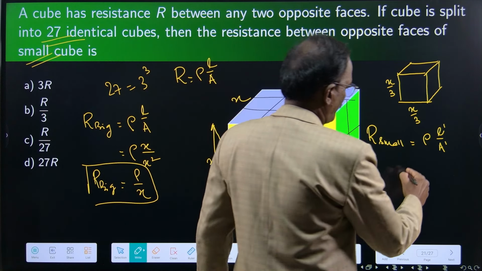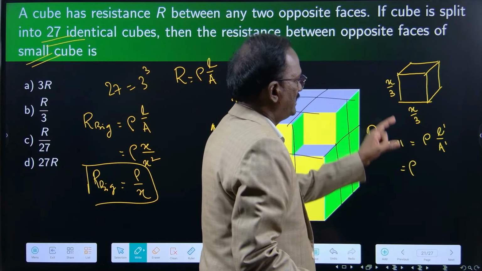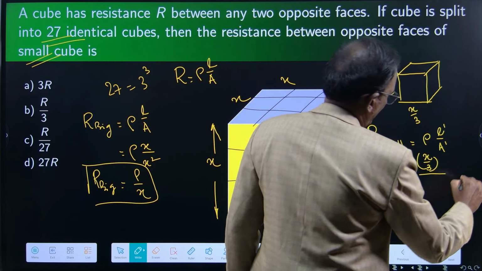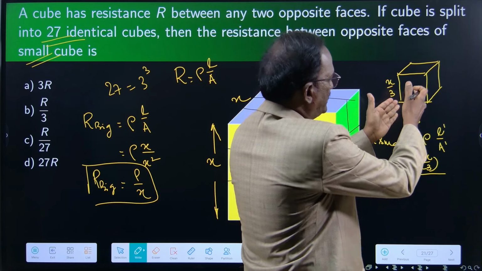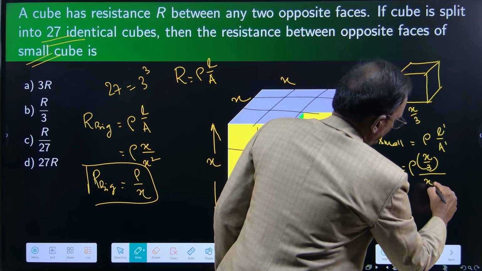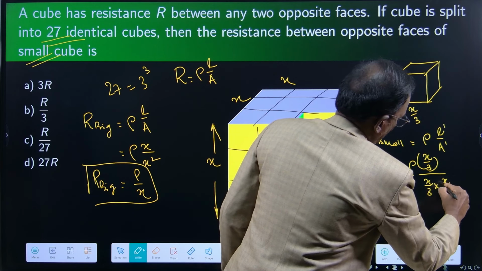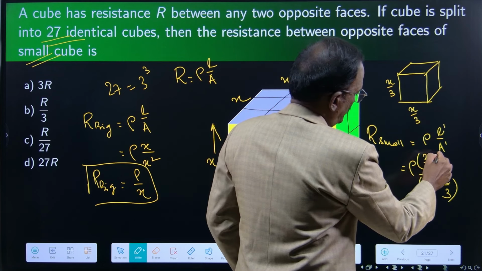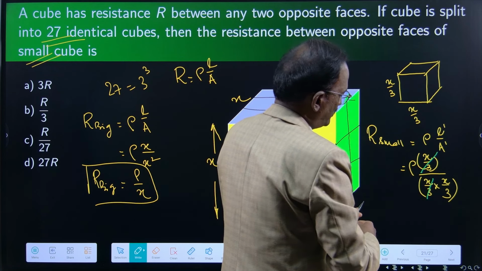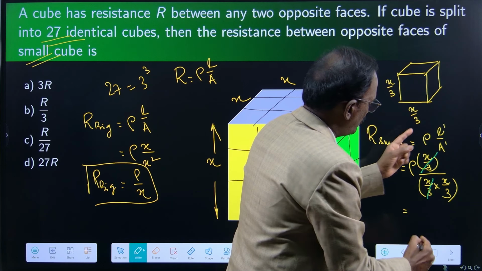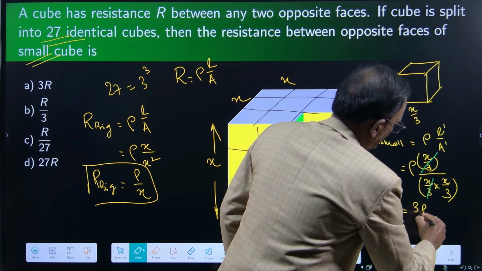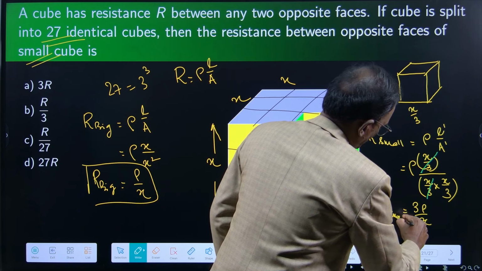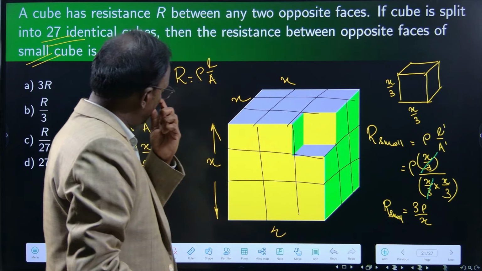R small is rho L dash, which is x by 3, divided by A dash, which is x by 3 into x by 3. So one x by 3 we can remove. The 3 will go up, 3 rho by x. This is R small. R small is 3 rho by x.